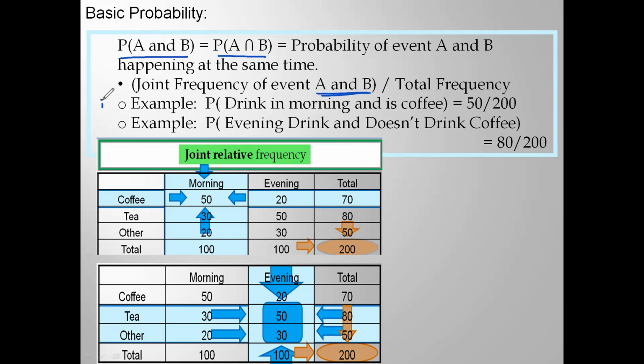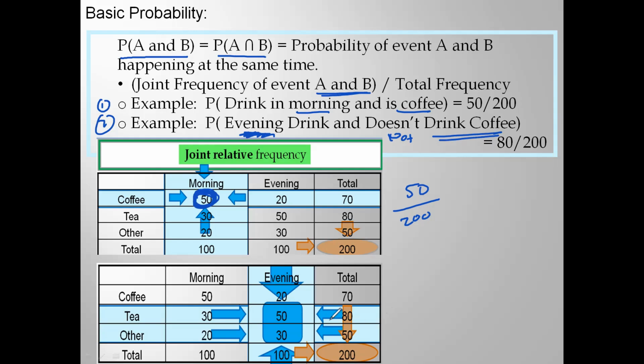In our first example, we're looking at morning and coffee. So the overlap of both morning time frame and the drink coffee was 50. So this gave us the probability of 50 divided by 200. And in the second example, the overlap we were looking for was evening drinks and not drinking coffee.